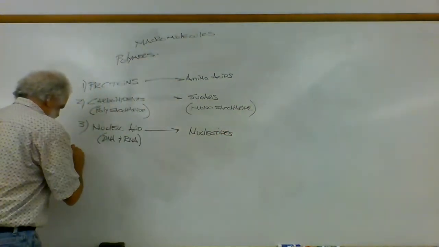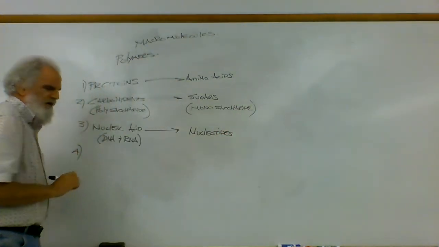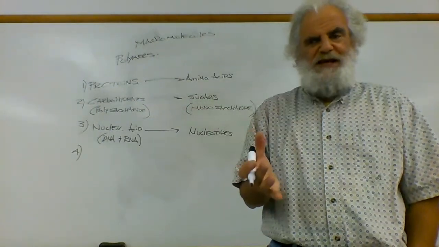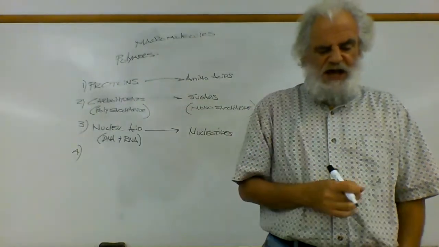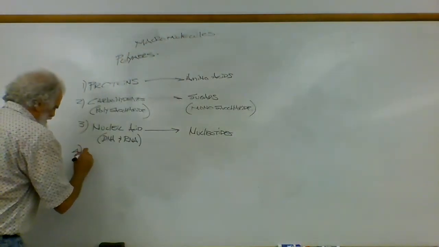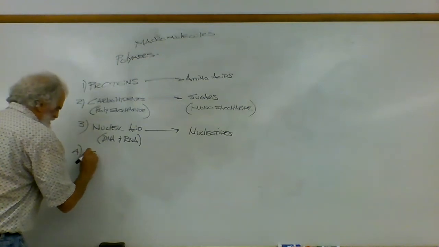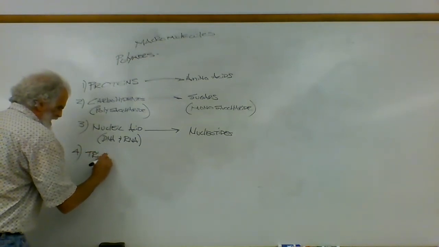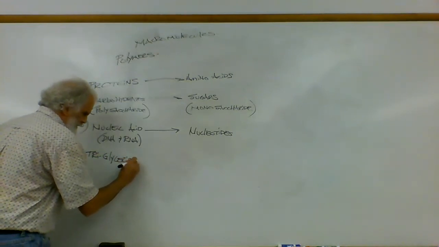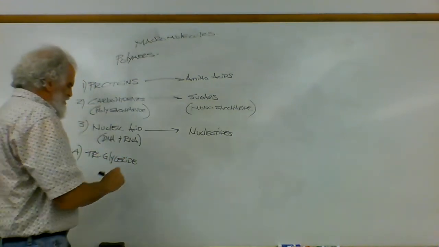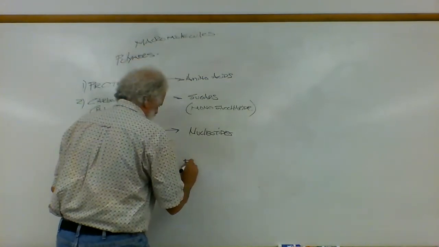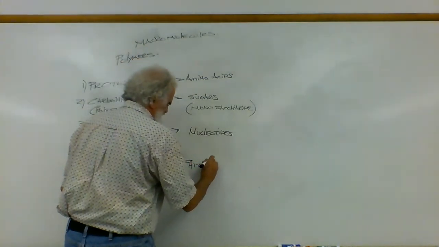Last but not least, we've got the lipid class, or fat class. And for our purposes, we'll say the polymer is a triglyceride, and the monomer for that is something called a fatty acid.